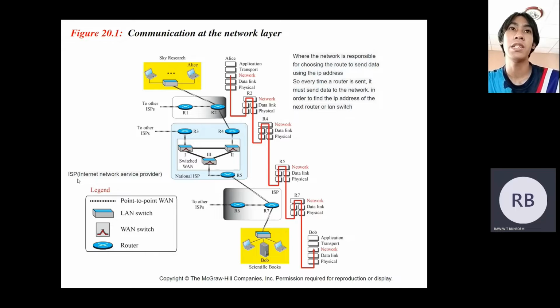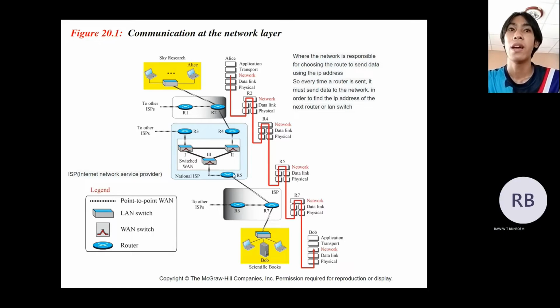National ISP is Internet Network Service Provider. The Internet Network Service Provider sends to the service WAN. The service WAN sends to R5.